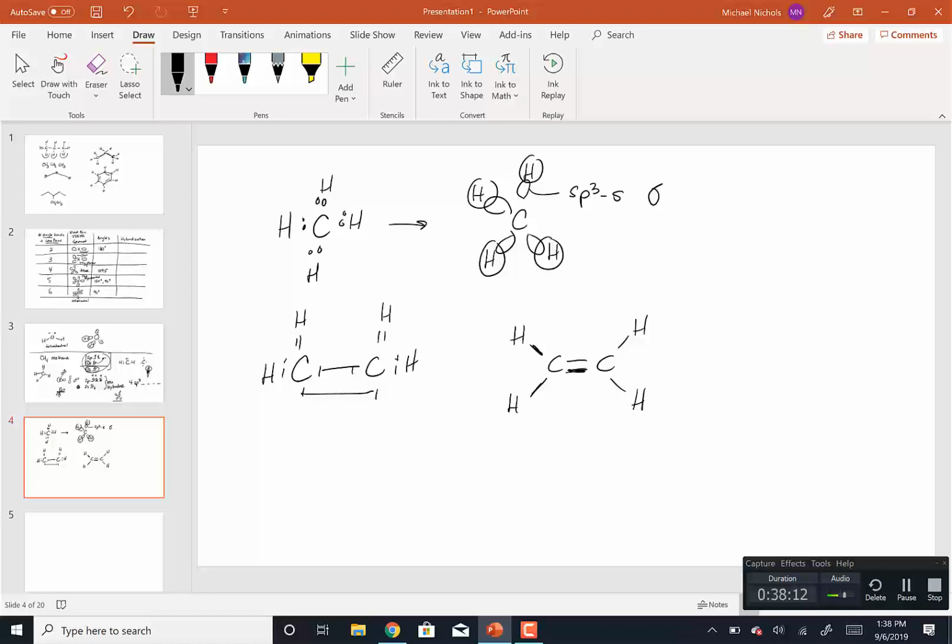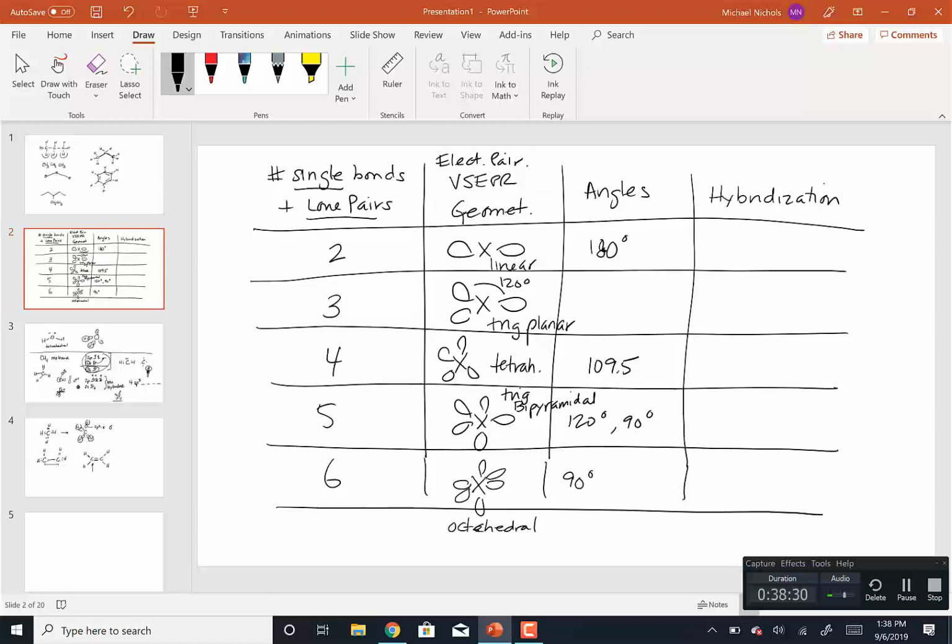So if I want to work this process backwards and ask, what's the hybridization of that carbon? I need some rules, and we'll go back to the table and put the rule in. The rule is that the number of single bonds plus lone pairs equals the number of hybrid orbitals.